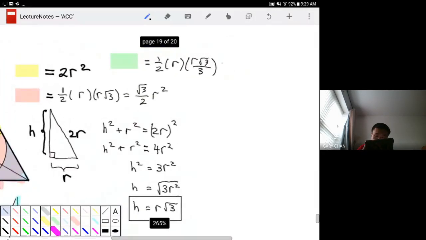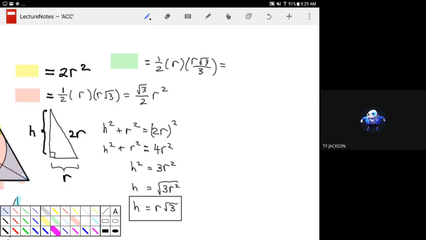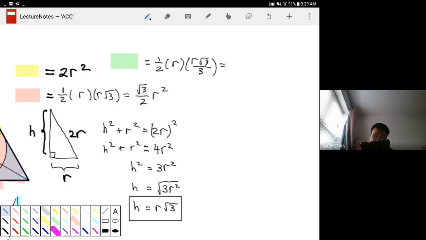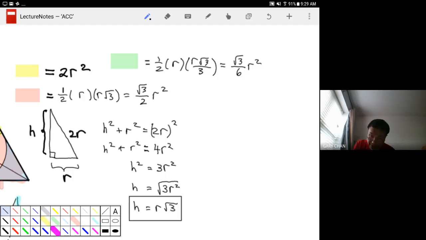And I can combine things together, right? R and R makes R squared, and the 2 and 3 gets me 6. So I'm left with radical 3 over 6 times R squared. That's the area of the stuff that's in green.